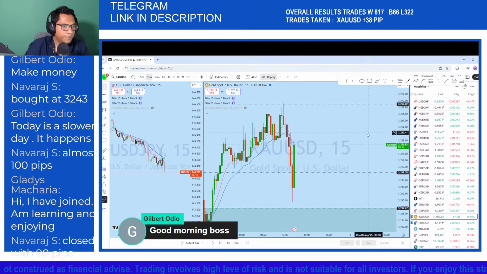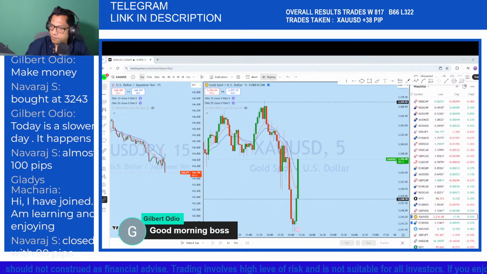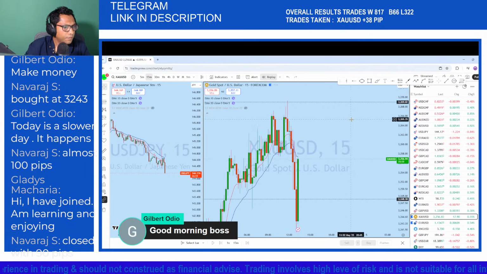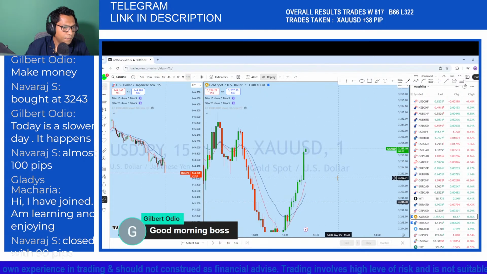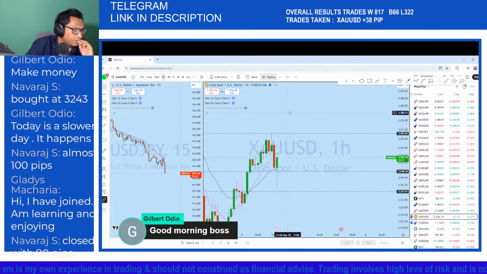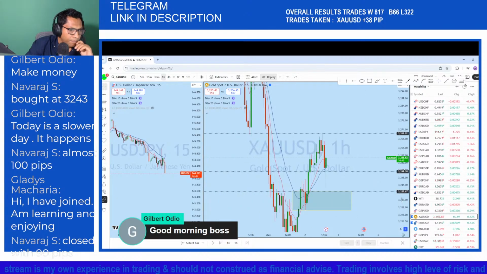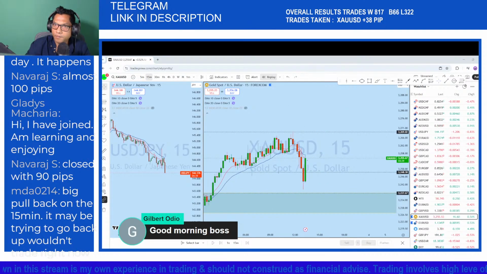So it is straight going back to the daily resistance line.